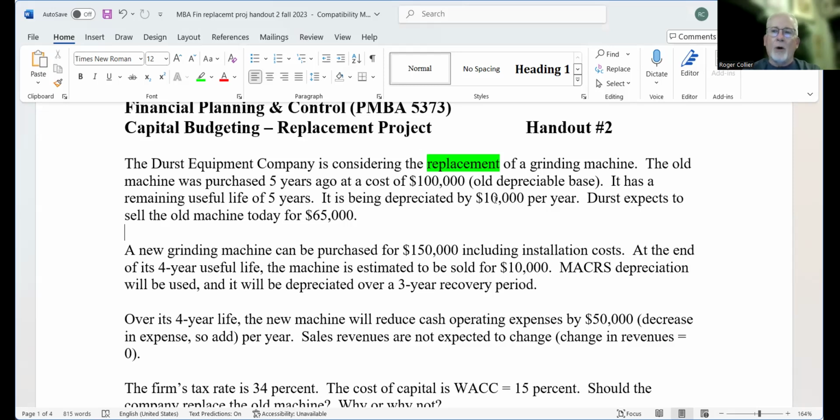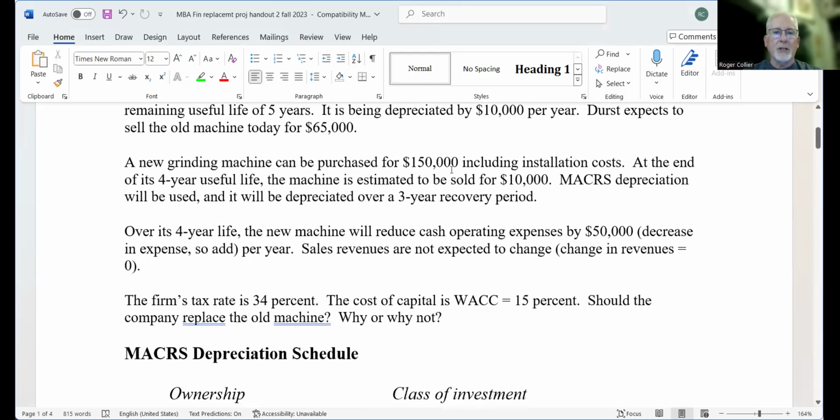Okay. Now, what about the new one? Well, the new one they expect to cost 150,000 including installation. At the end of its 4 year useful life, there's the magic words, 4 year useful life.